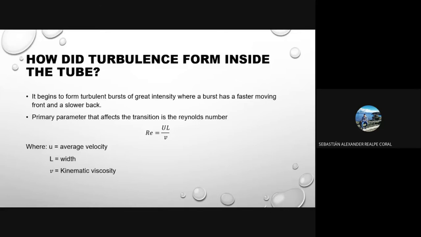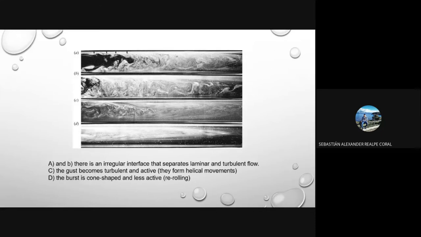The primary parameter that affects the transition is the Reynolds number. This is the equation, where U is average velocity, D is diameter, and nu is kinematic viscosity. This is a graph of laminar and turbulent flow, where A and B show an irregular interface that separates laminar and turbulent flow.